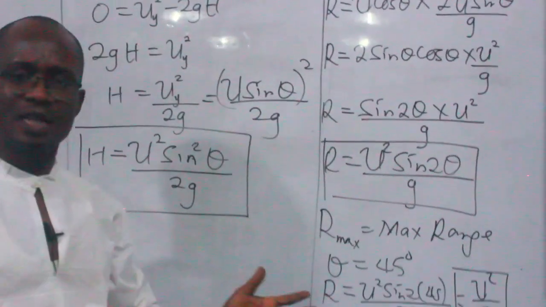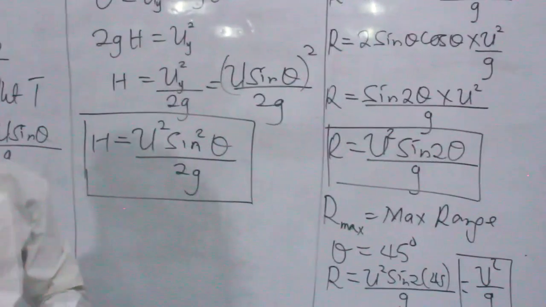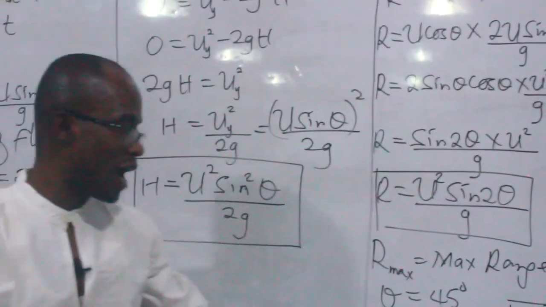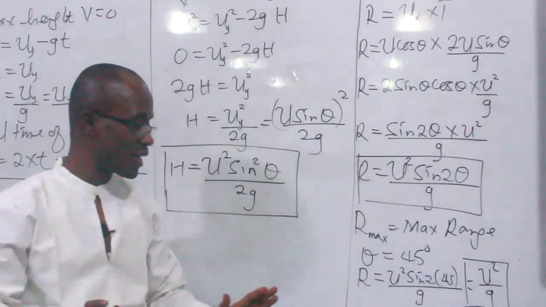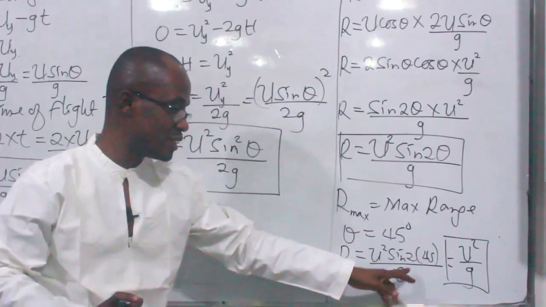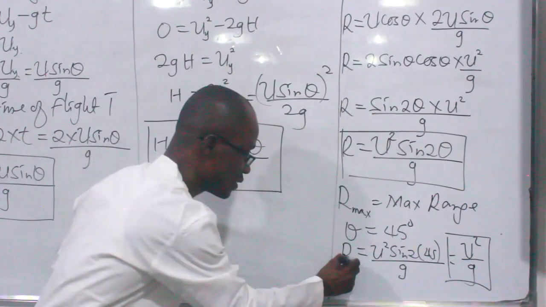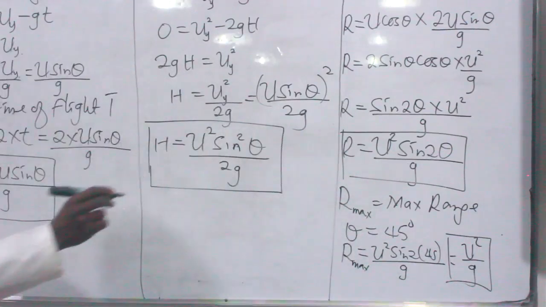Then the maximum range: at times students will be asked at what angle of projection to the horizontal a projectile is said to have a maximum range. When the angle is 45 degrees, simply because 45 times 2 is 90, and sine 90 is 1. At the end of the day, your Rmax will be equal to u squared over g.